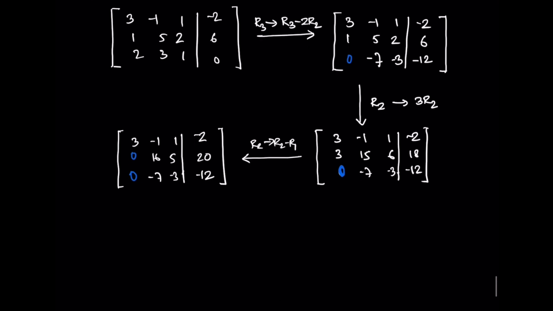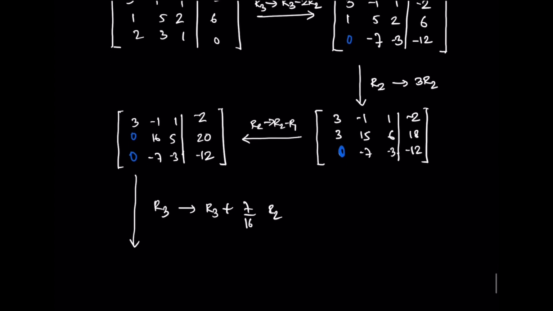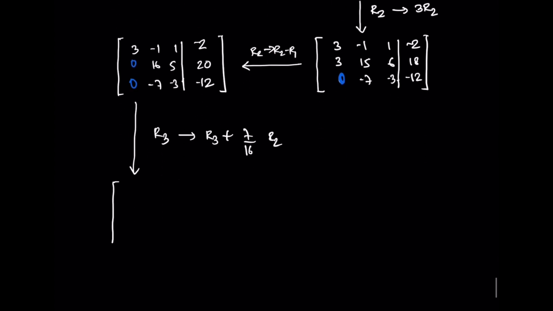Okay, now let us go to our next step. So now we will transform R3 to R3 plus, watch closely, 7 by 16 R2. This is just to cancel the coefficient 7 in the second place so that we can get another 0 and a row echelon form. So here's what it will look like. R1 remains the same.